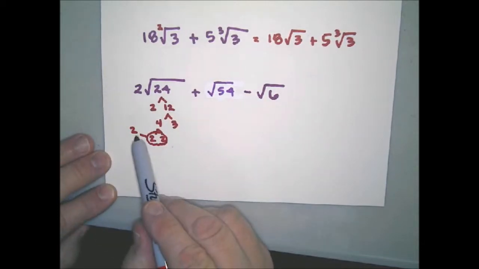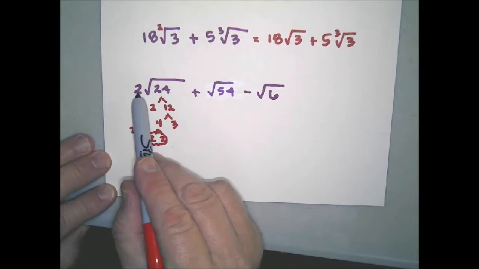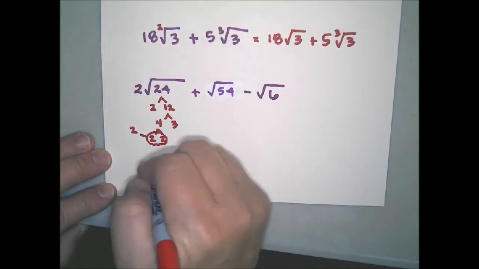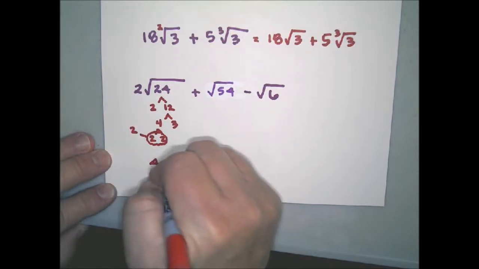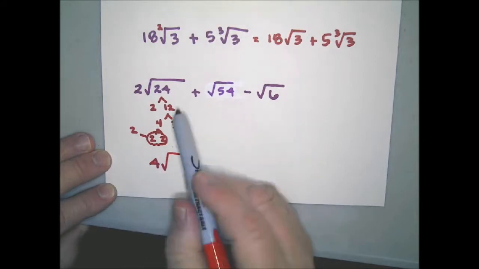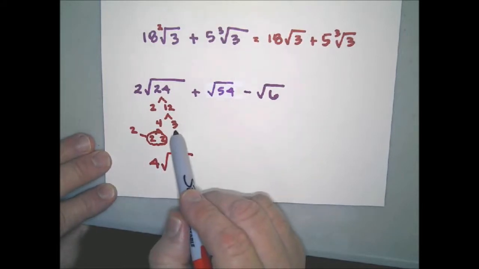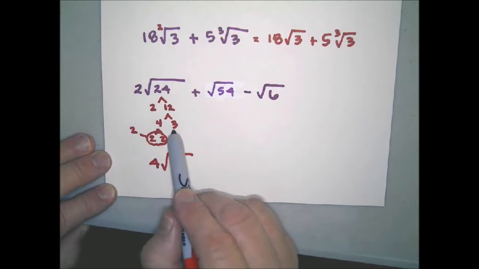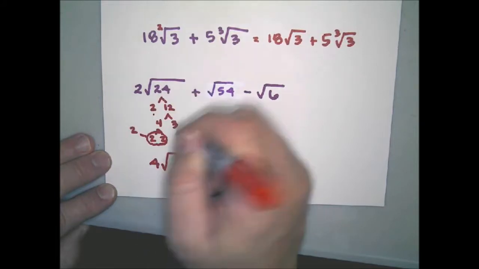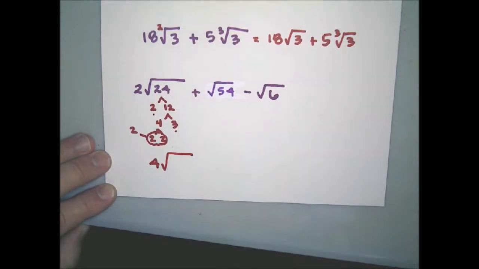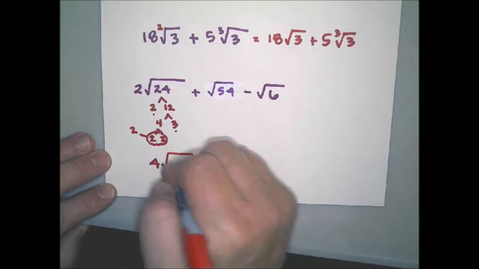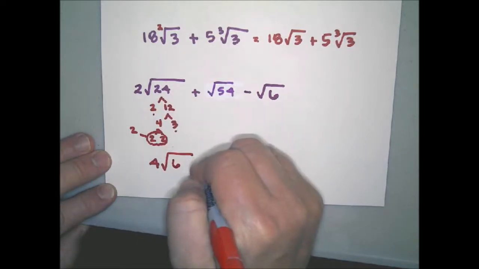And when it comes out, it joins the 2 that's already out there. So 2 times 2 is 4. And what are we simplified down to? What didn't come out of the radical? This 2 and that 3. So what's left inside is square root 6.